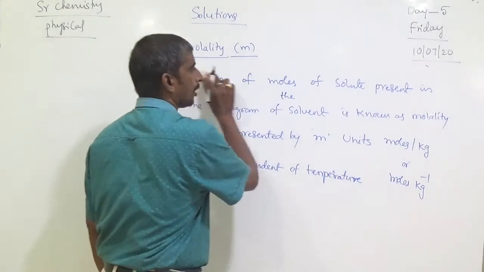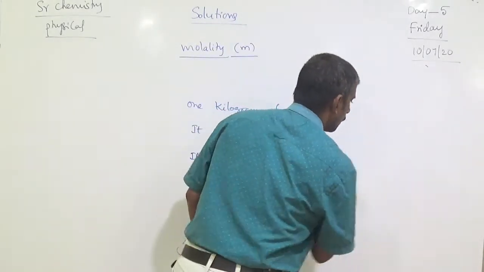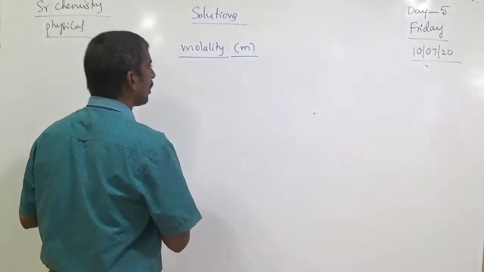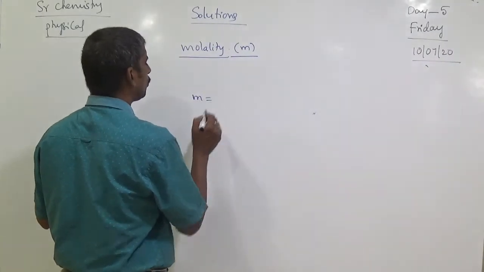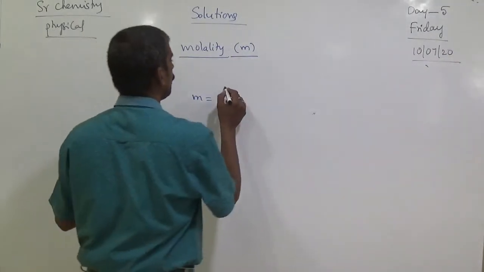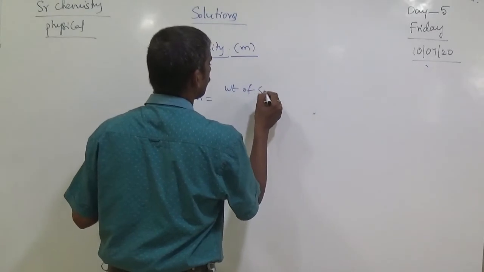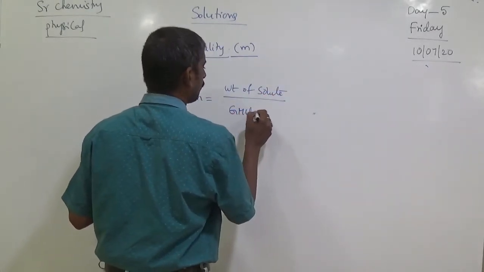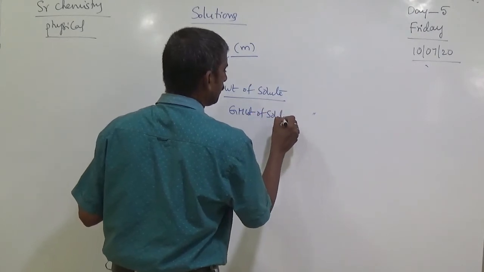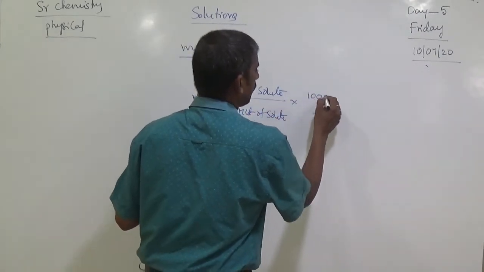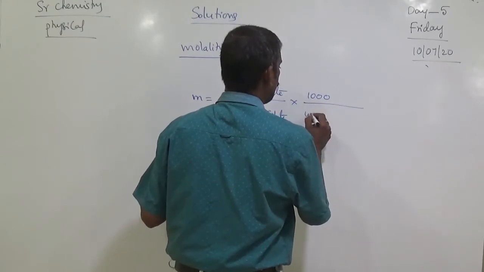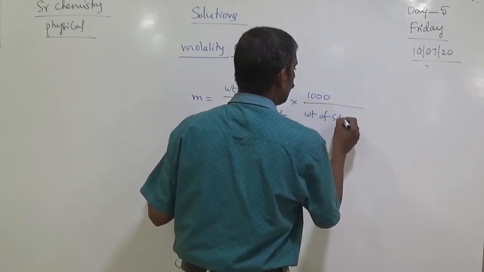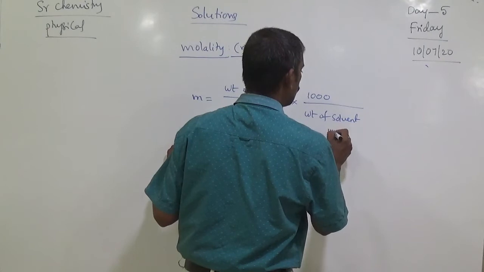I will give the formula. Molality formula. Molality is denoted by symbol small m. Molality equals weight of solute by gram molecular weight of solute into 1000 by weight of solvent in grams.